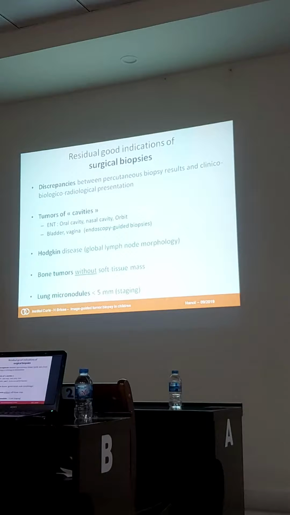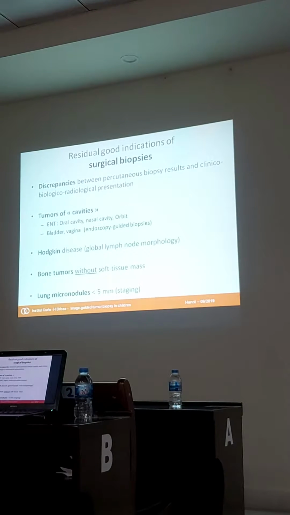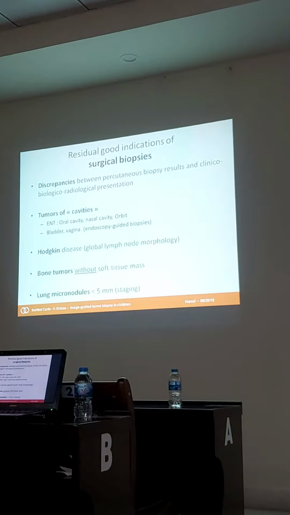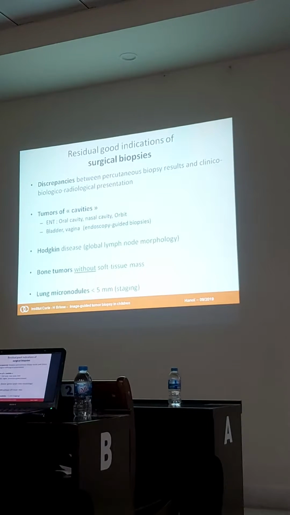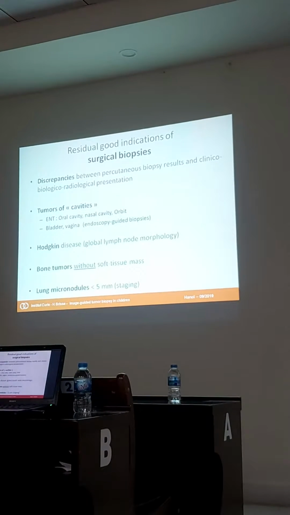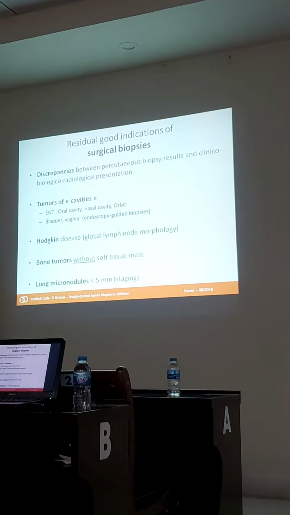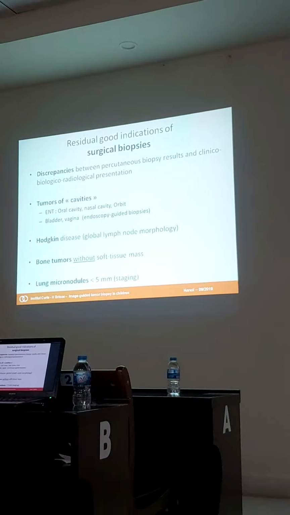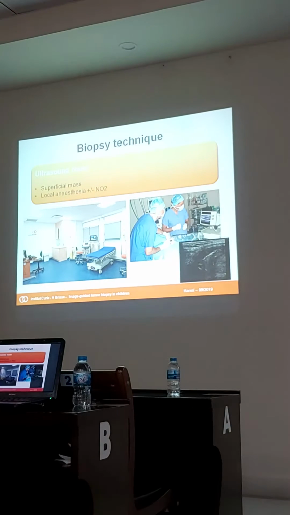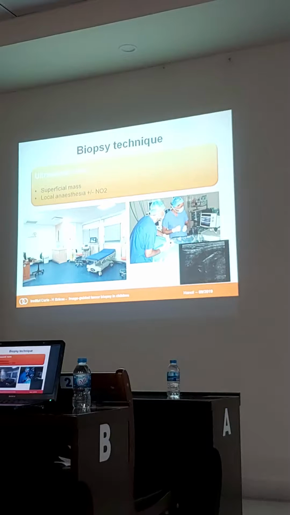You need a large biopsy to make the diagnosis. And if you have very small lung nodules, it's very difficult to get a diagnosis with just a needle biopsy, so usually we do a surgical wedge resection. So in this situation, we do a surgical biopsy. But in all others, we do an image-guided needle biopsy.